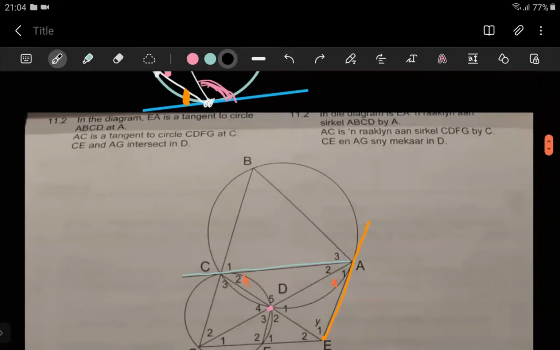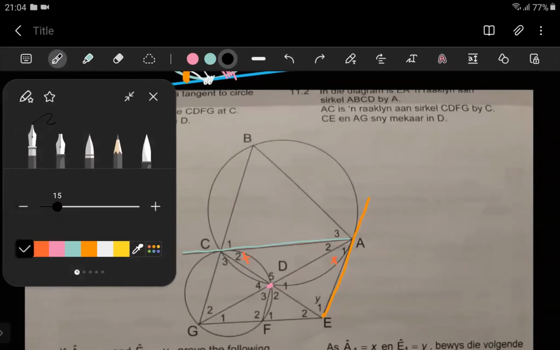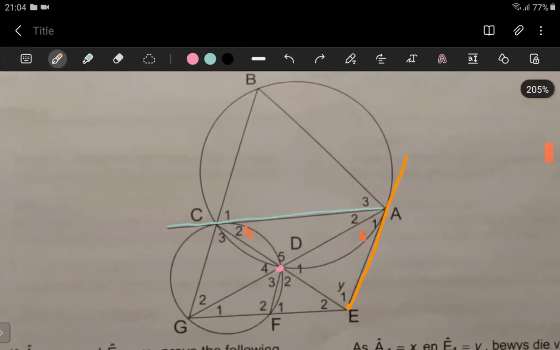Reading some more here, they also told us that this is a tangent to this circle here. So if you look at it nicely also, we've said this is equal to this because of the tan chord theorem. Funny enough, we also have the tan chord theorem this side of things, because there's a tangent here, there's a chord there.